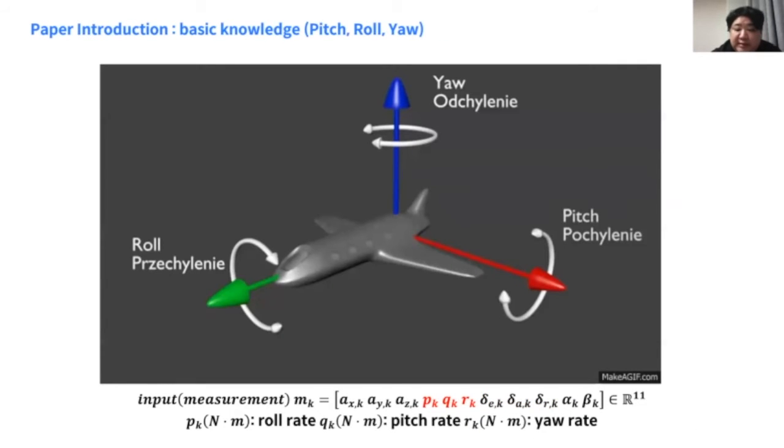The pitch axis originates at the center of gravity and is directed to the right, parallel to the line drawn from wingtip to wingtip. The roll axis originates at the center of gravity and is directed forward, parallel to the fuselage reference line.